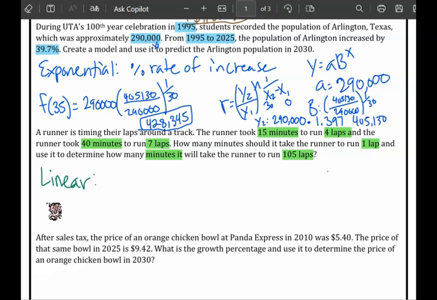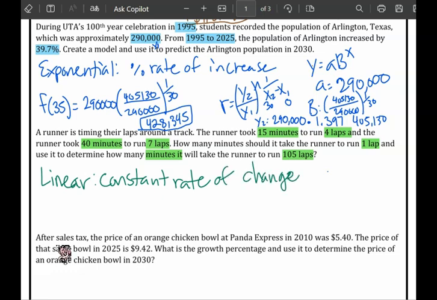The runner is assumed to be running at a constant rate of change here. To find this average rate of change, we're going to use a slope formula. m equals y2 minus y1 over x2 minus x1.